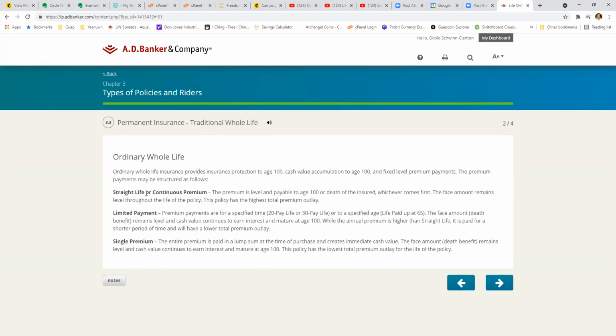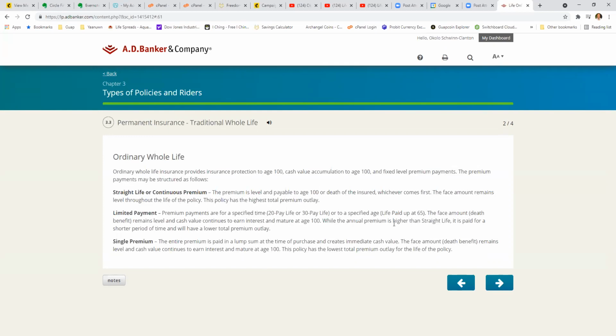Ordinary whole life, so there's straight life or continuous premium. This is where the premium is level and payable to age, typically 100, or death of the insured, whichever comes first. Limited payment: premium payments are for a specified time, for example, 20-pay life or 30-pay life, or it could be life paid up at 65, or it could be single premium life.